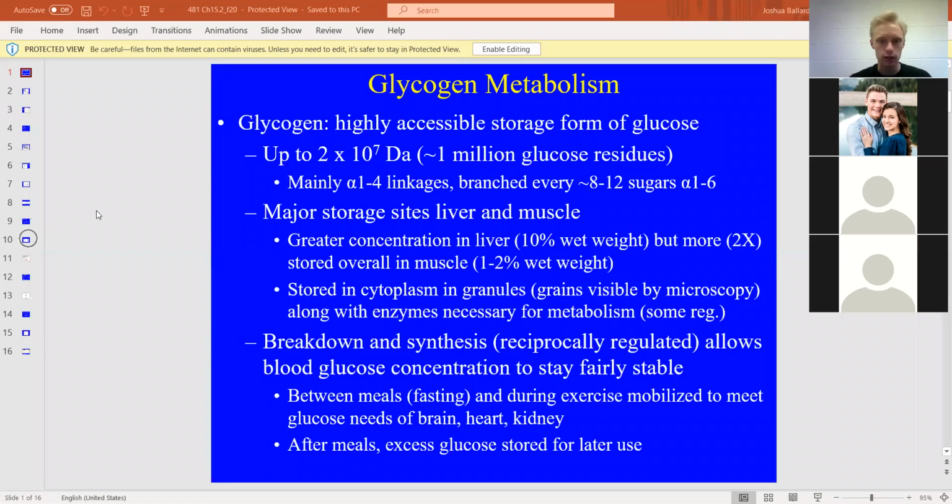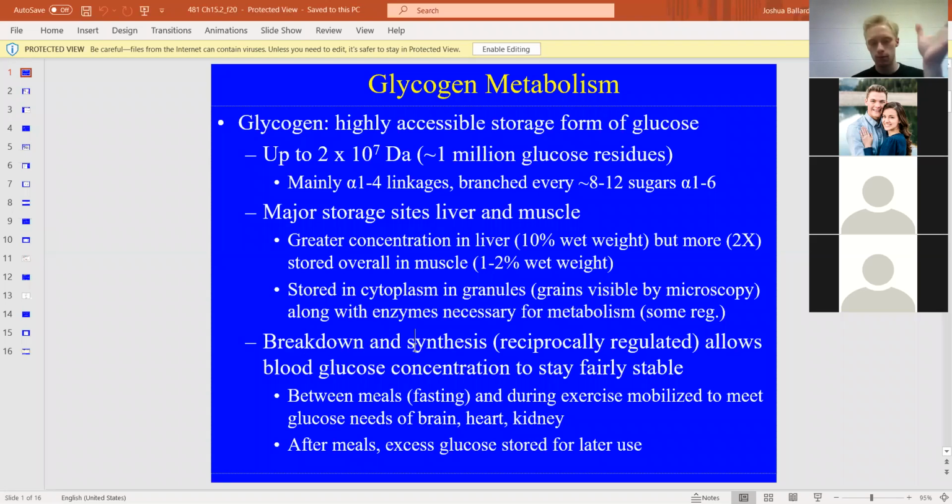Okay, so glycogen. We all know that glycogen is stored in the liver, with greater concentrations in the liver, 10% of wet weight. But there is also a good amount in muscle as well.